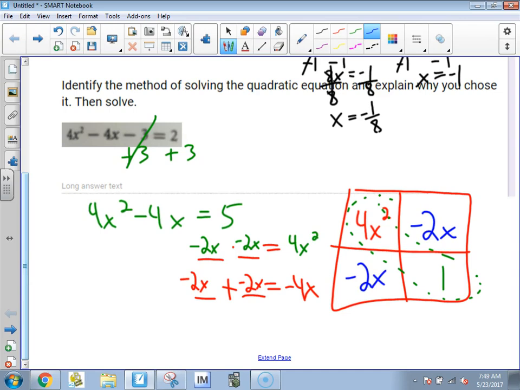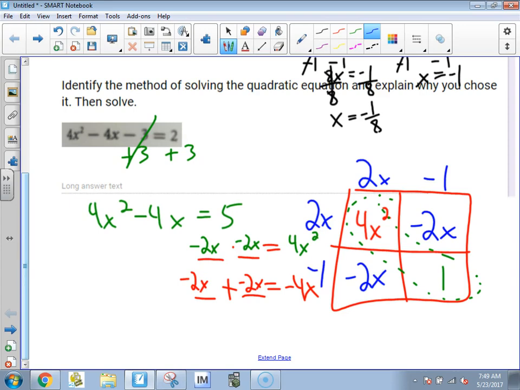When it comes to completing the square, we take the square root of 4x squared and that's what we take out. What's the square root of 4x squared? 2x. Don't forget the x. So 2x times 2x is 4x squared. 2x times negative 1 is negative 2x, and 2x times negative 1 is negative 2x.